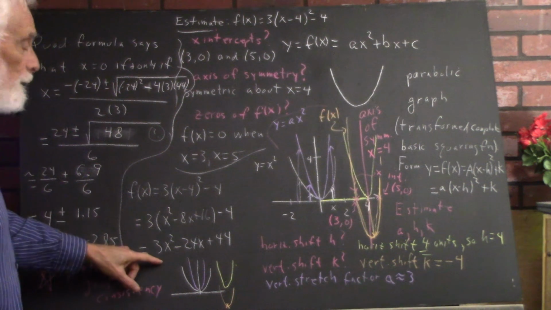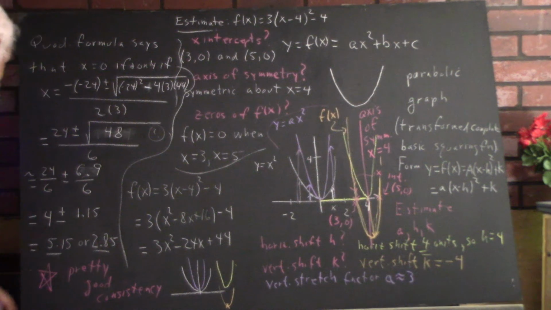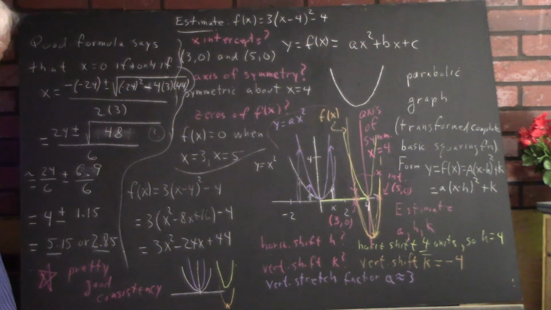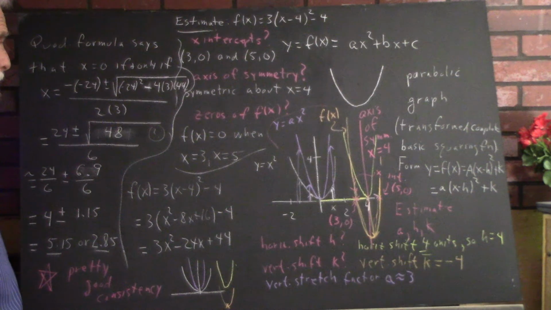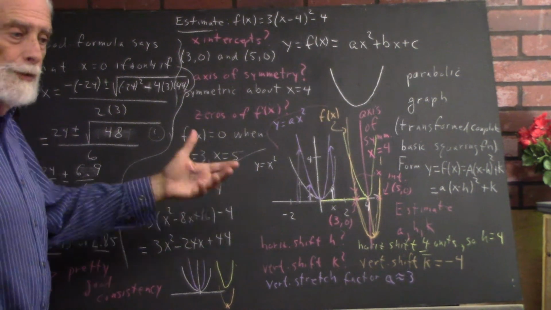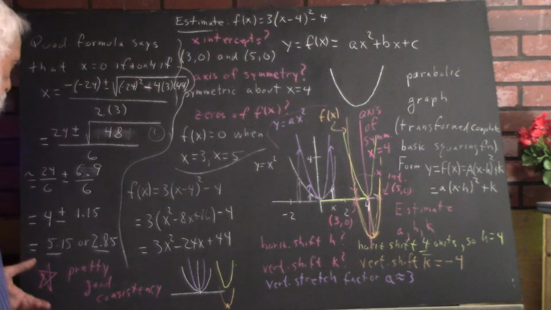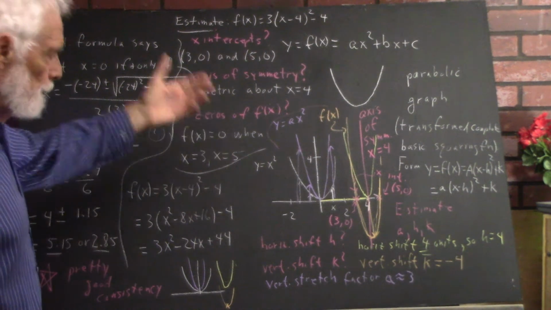if this is, in fact, the equation of that thing that I drew, the x-intercepts ought to be 5.15, which is 4 plus 1.15, and 2.85, which is 4 minus 1.15. Now, the class helped me with the estimates. I used estimates from the class and modified one of them a little bit, but just the vertical stretch.